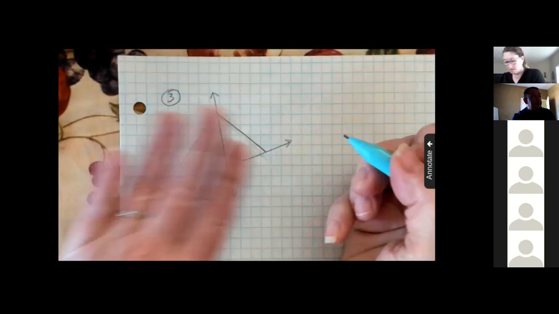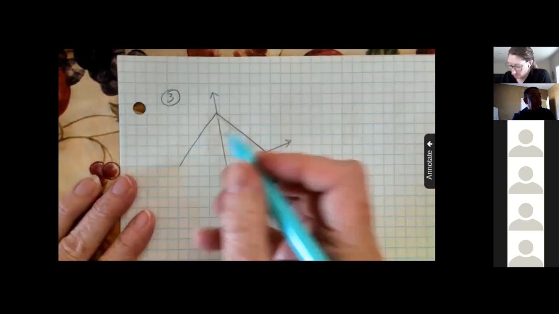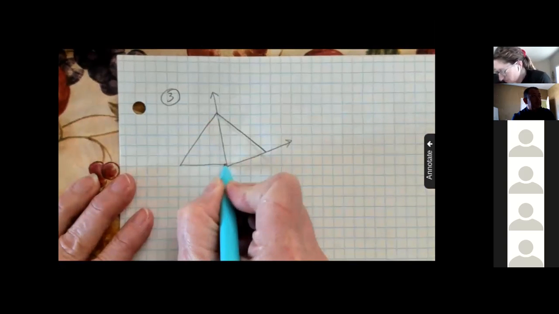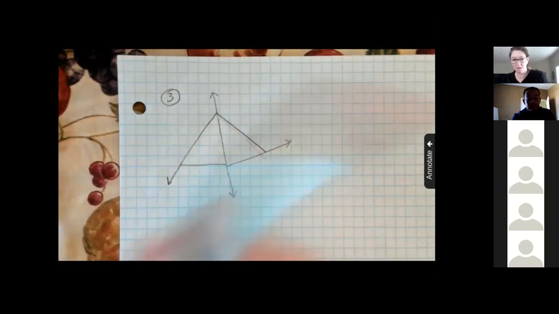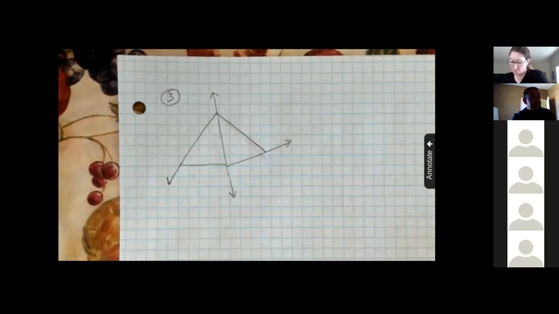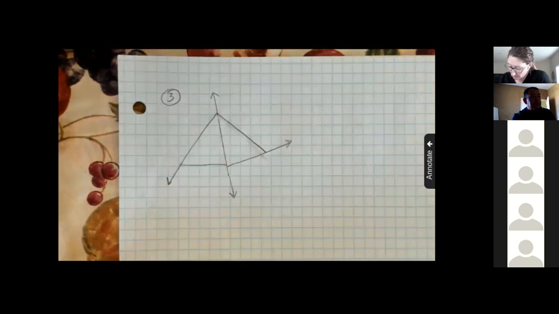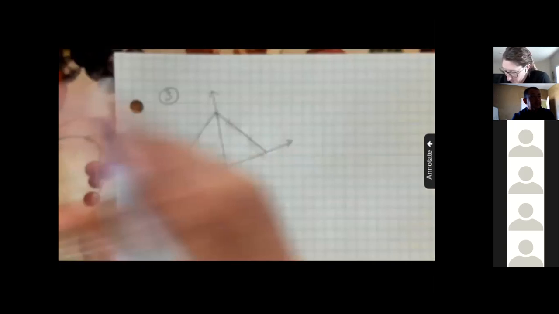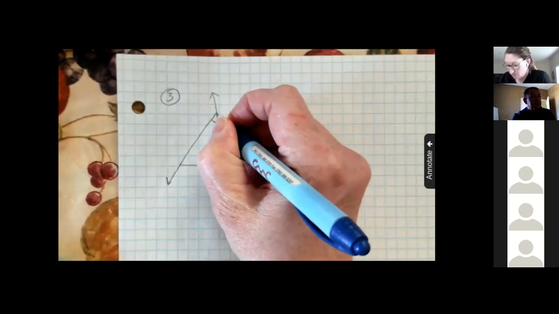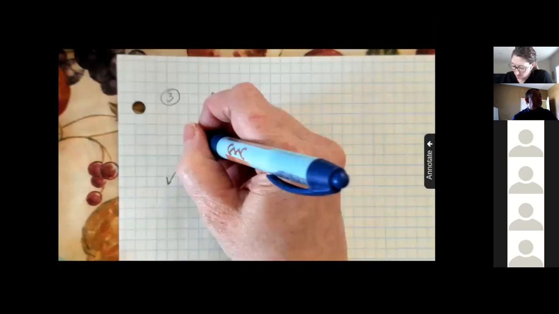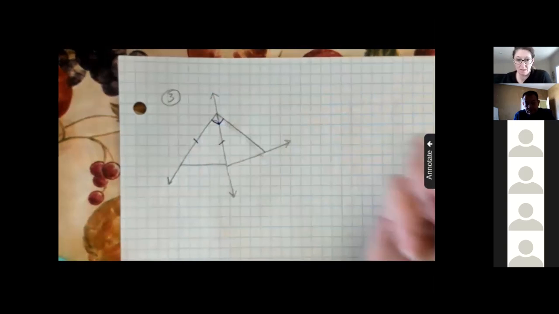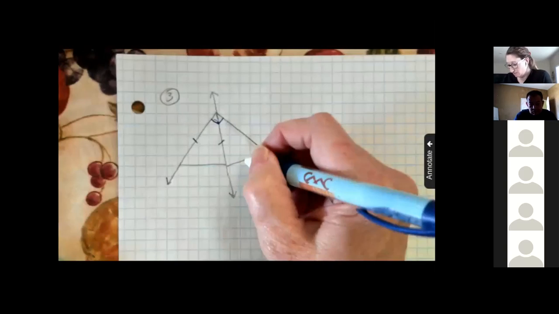Okay, that kind of looks like, this is why we go by symbols, because the drawing may not match. That's okay. Okay, here's what we know. This is a right angle right here, okay? That's a right angle. We know that this is an isosceles triangle, and this is an isosceles triangle that's upside down.